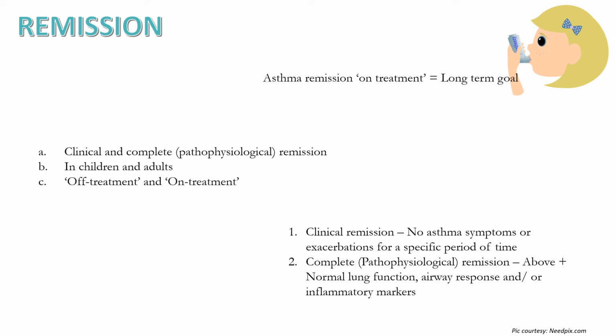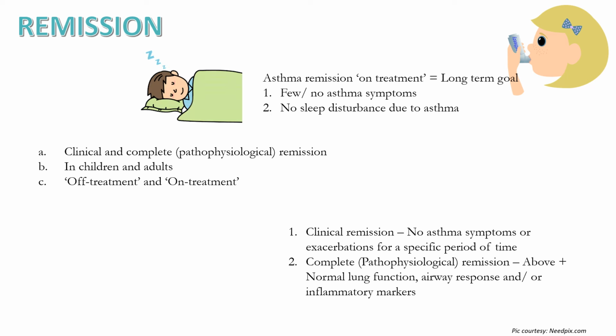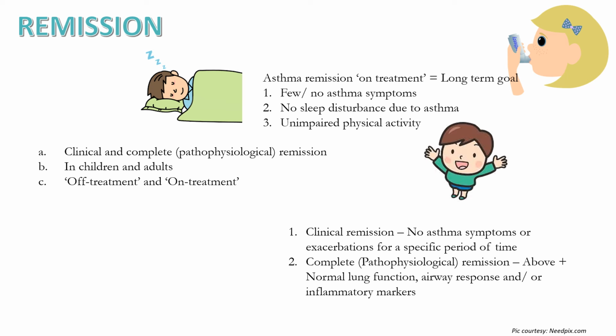Asthma remission on treatment is the same as the long-term goal of asthma management, that is few or no asthma symptoms, no sleep disturbance due to asthma, and unimpaired physical activity. So this is what GINA talks about remission in 2024.